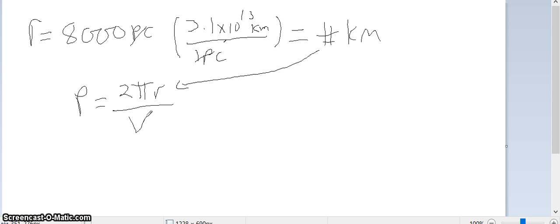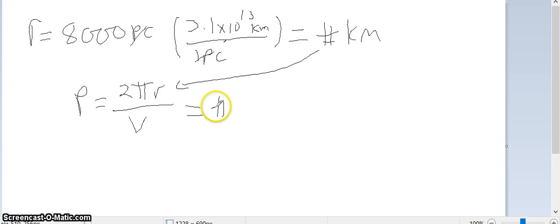And that gives us some number of seconds. If you think about the units, the radius here is in kilometers, this is kilometers per second, so the kilometers cancel, and it's 1 over second, so the seconds go up to the numerator. So you're going to get some number of seconds.